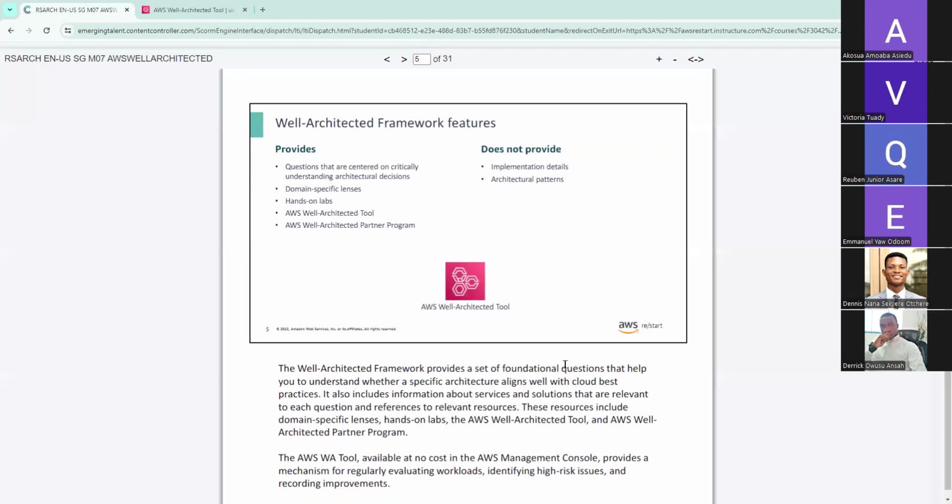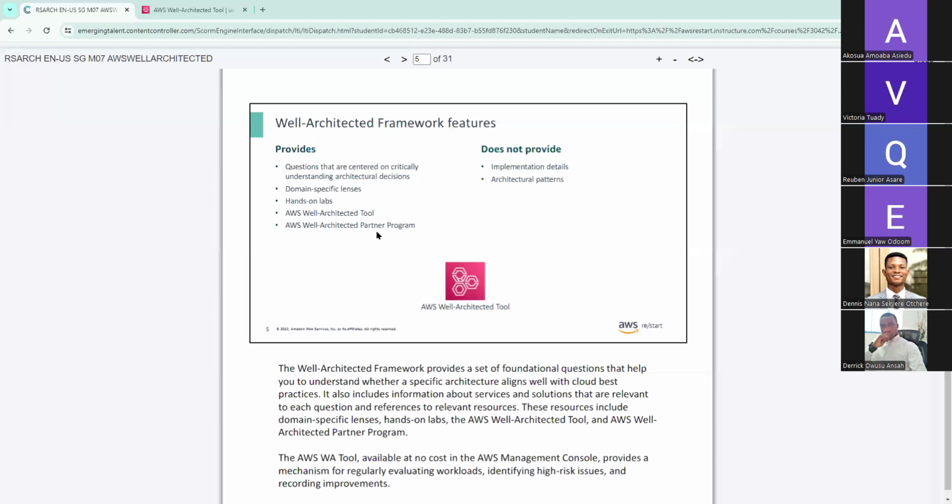So it provides you those questions, hands-on labs, and the AWS well-architected partner program. So these are the features of the whole AWS well-architected framework, and the well-architected tool is just one service.